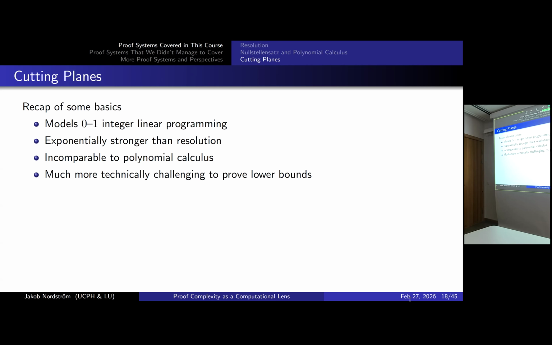So cutting planes and polynomial calculus are incomparable, and I think what we managed to impress on you is that somehow it was much more challenging to prove cutting planes lower bounds. For polynomial calculus and resolution, for most of the proofs we did, you saw everything. For cutting planes, I think we're sweeping more and more under the rug.